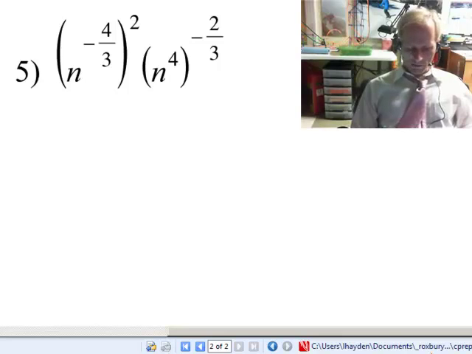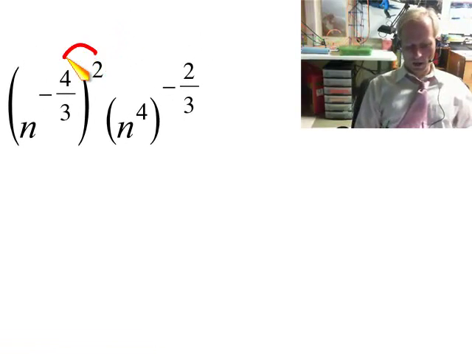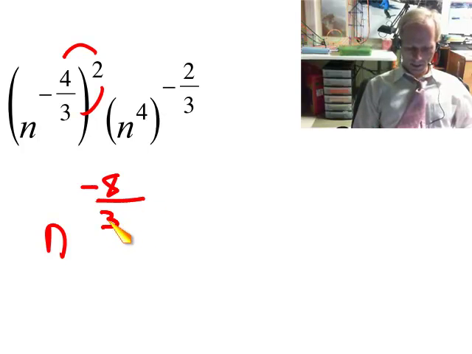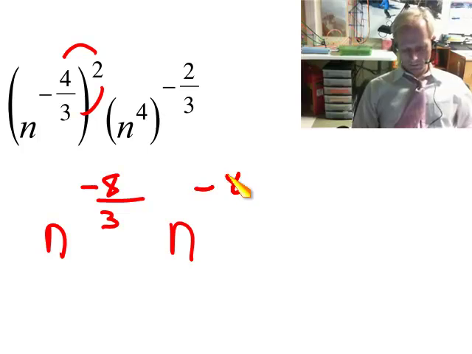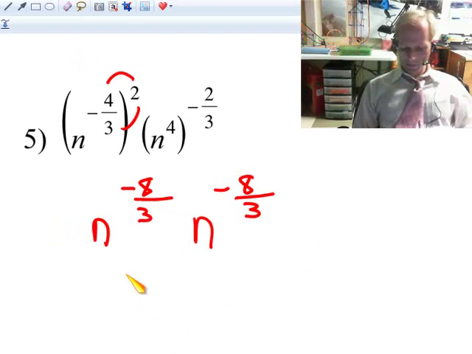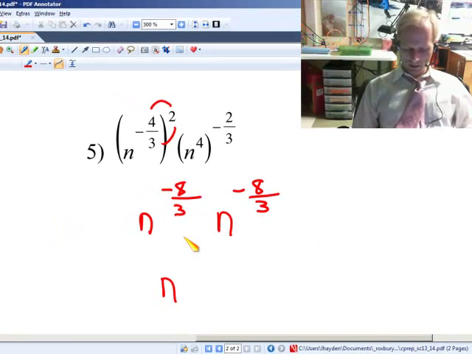Alright, number 5. Okay, once again I'm going to do power of a power. That's going to give me negative 8/3. And here I'm going to get negative 8/3, coincidentally. So now I'm going to add those exponents together, and I get negative 16/3. Now let me move it down into the denominator.